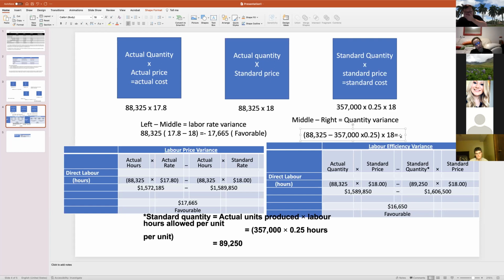If you get this number, it will be 16,650 favorable. So these are the two calculations. Does anyone have question about the labor variance?